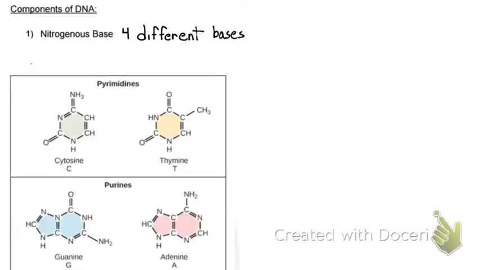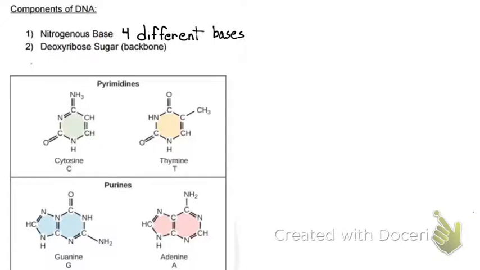And then there are purines. Purines consist of guanine and adenine, and they have 2 rings. So the pyrimidines are single-ringed bases, and the purines are double-ringed bases.